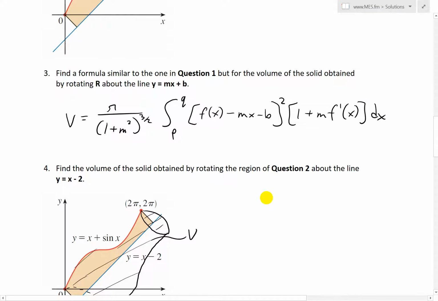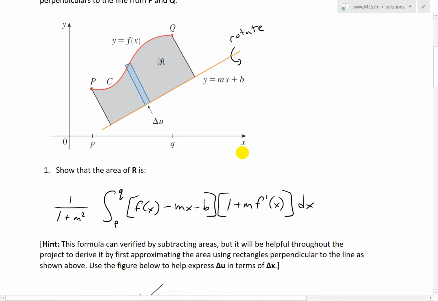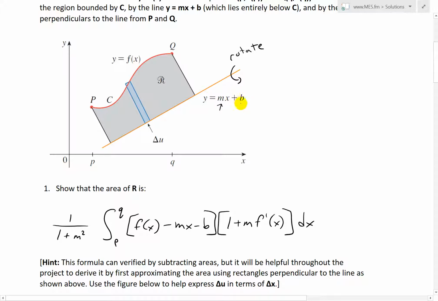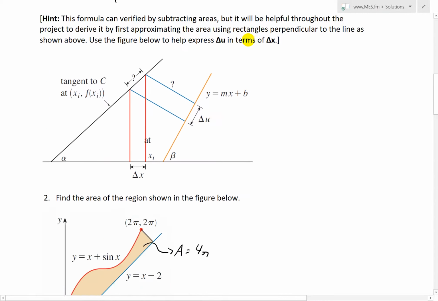So let's look at this one right here. m is just a slope. If we look at that general function, m is the slope, b is the other part of the line, y is f of x, and that's P and Q.